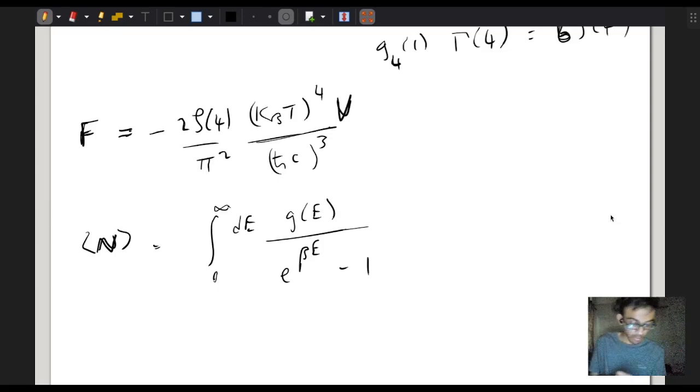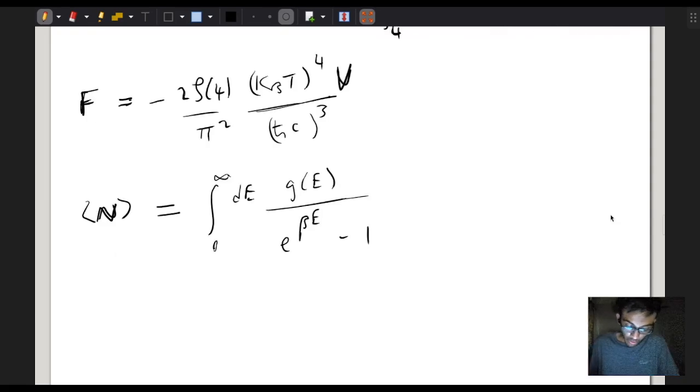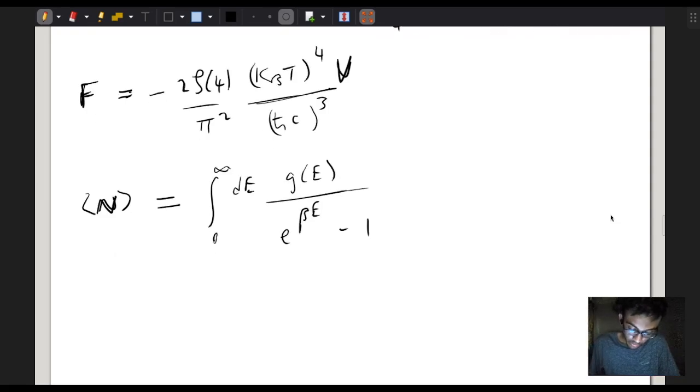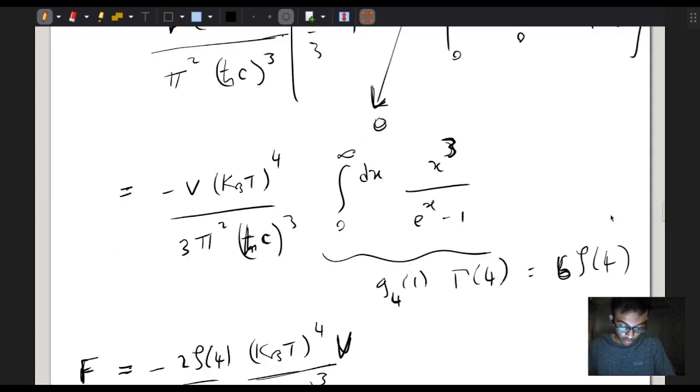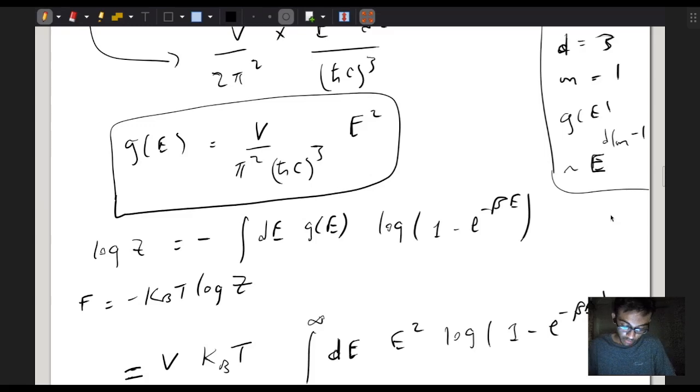That is the Bose distribution function, or simply the Bose function. So that tells us the average occupancy of a given state.